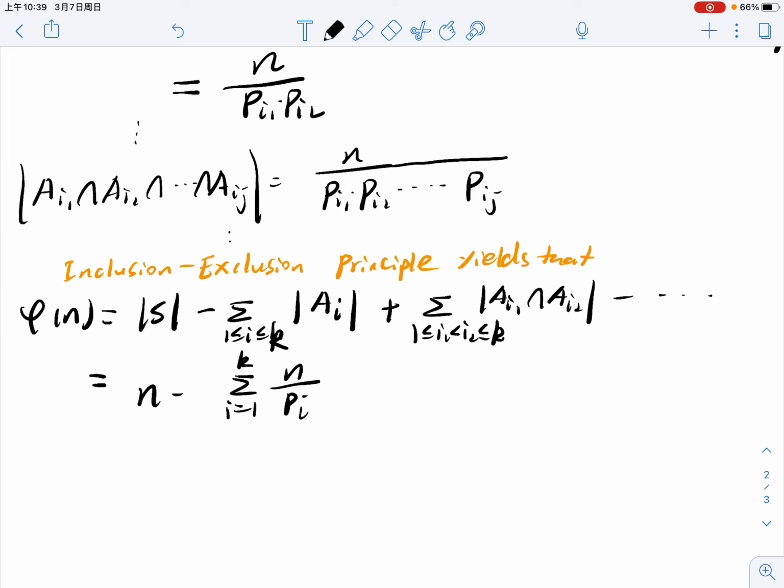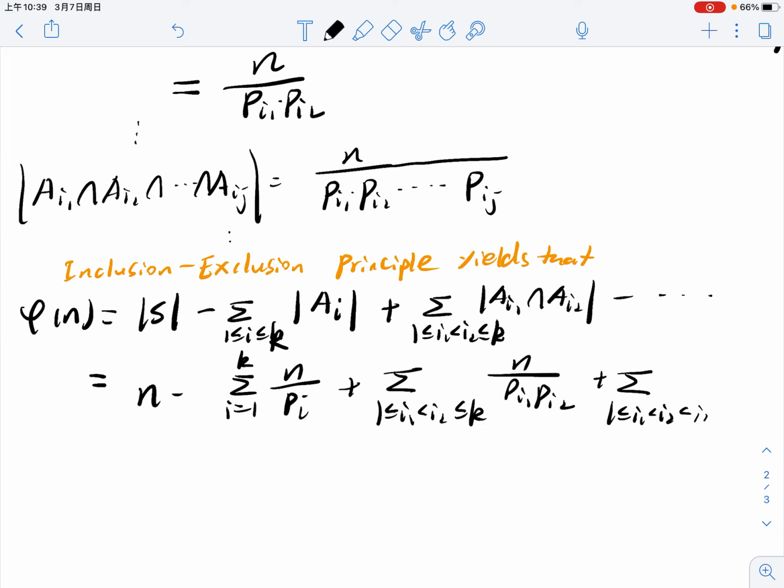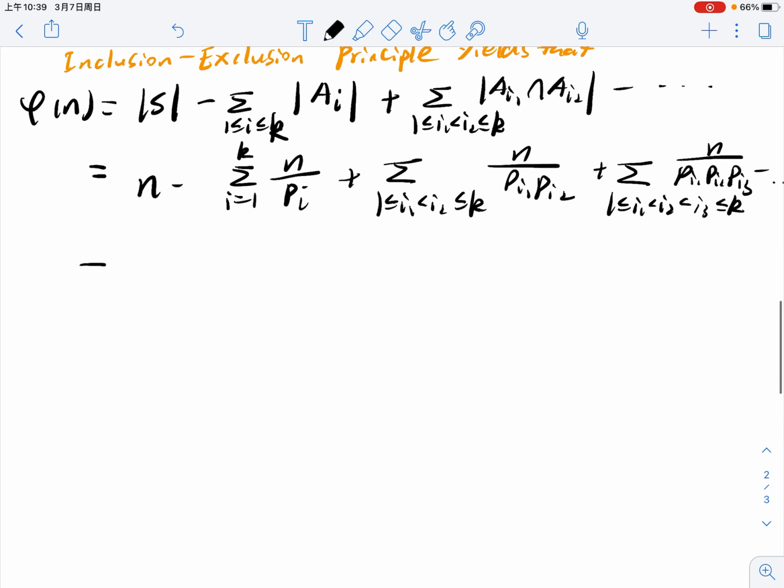And then if you plug in, it's n minus the summation of n divided by pi, plus n divided by p1 p2, plus n divided by p1 p2 p3, and so on. And if you factor out n, what do you have?